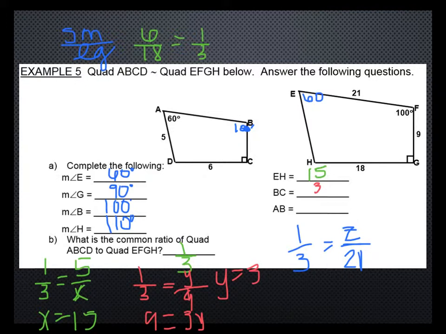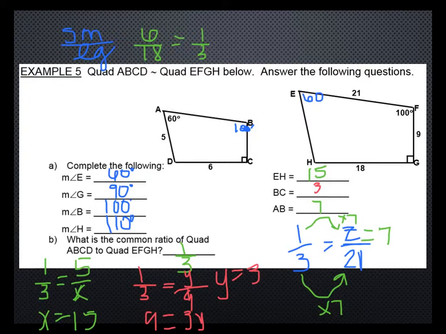What do I multiply 3 by to get to 21? Yes, we multiply by 7. So what would I have to multiply 1 by to get to this one? 7. So 1 times 7 would be 7. So our Z value is equal to 7.